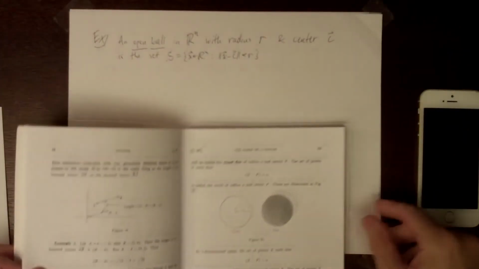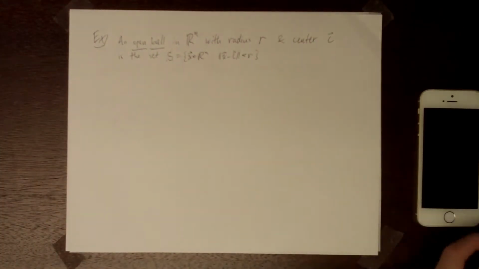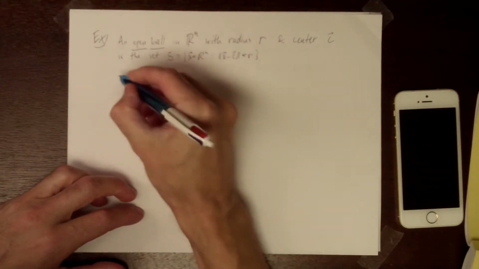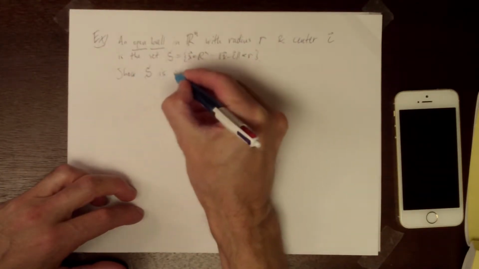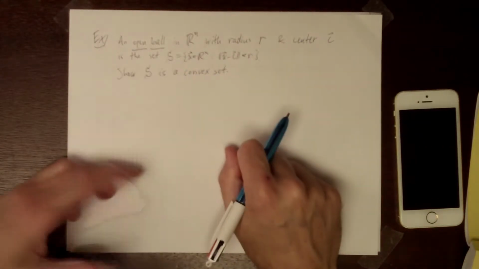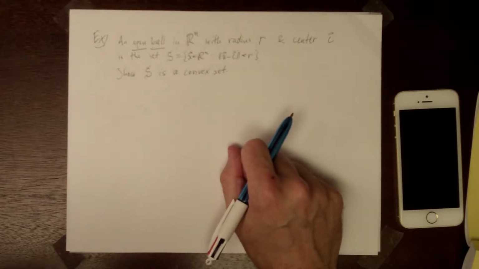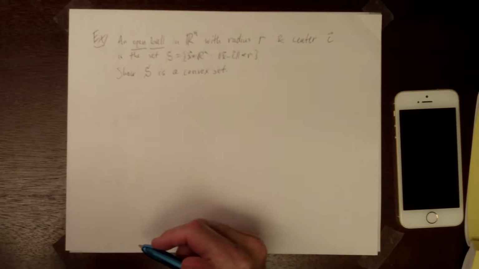All right, well, anyway, what we want to do is show that S is a convex set, for any center C and radius R. That's irrelevant.